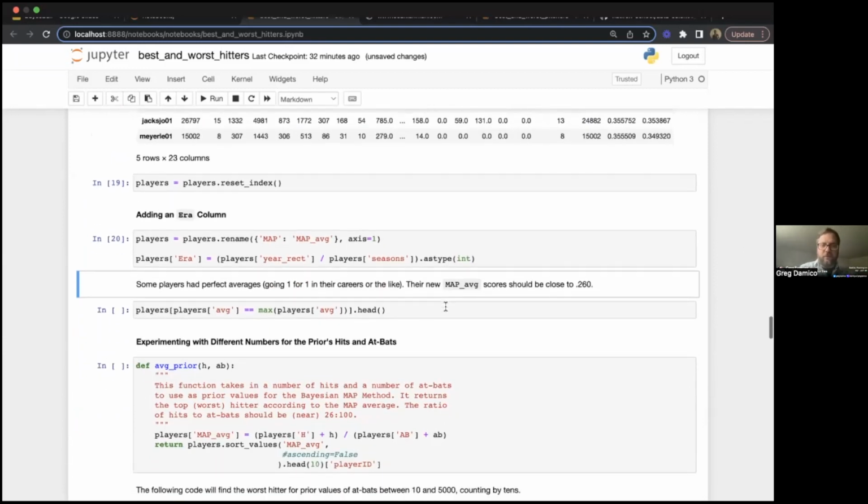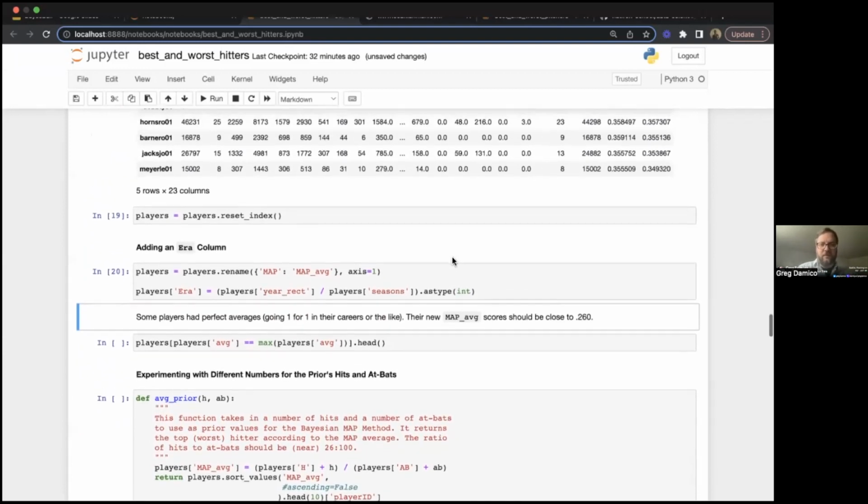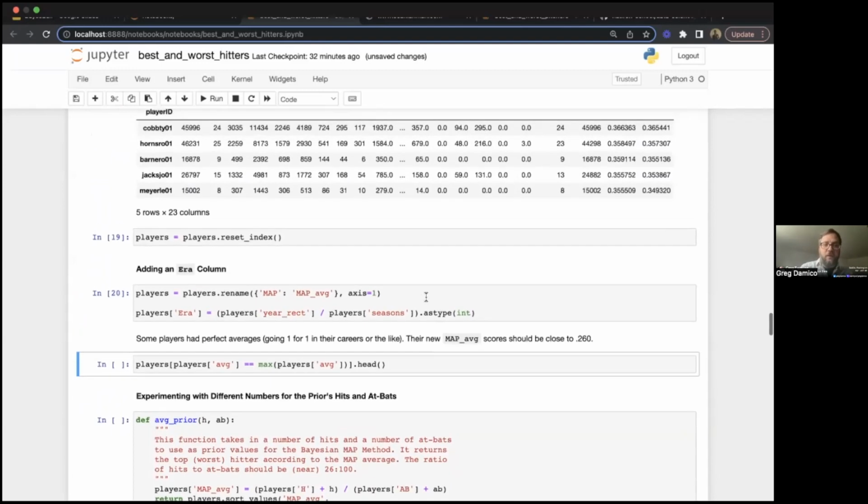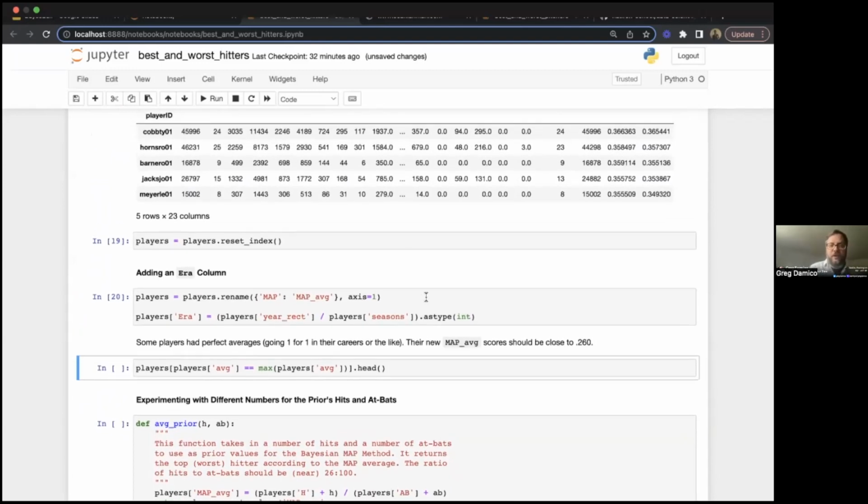Okay, I'm going to do a couple other manipulations here that are not important for now. Notice, if I had a player that had a perfect batting average, then certainly that player must have had a very small career, if they went 1 for 1 in their career or 3 for 3 or something like that.